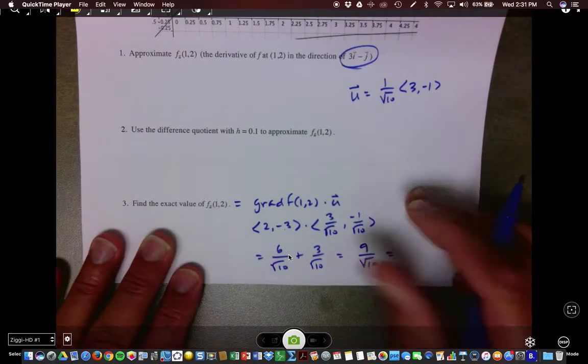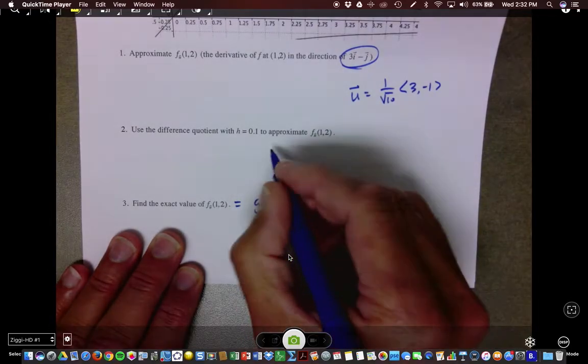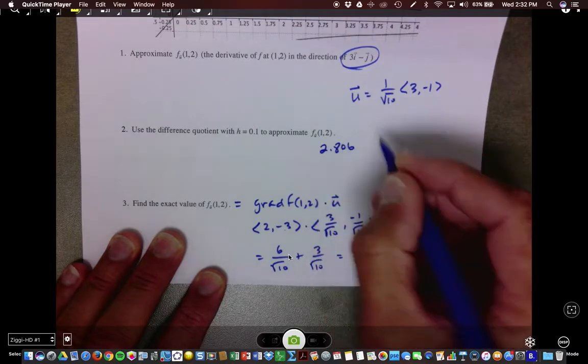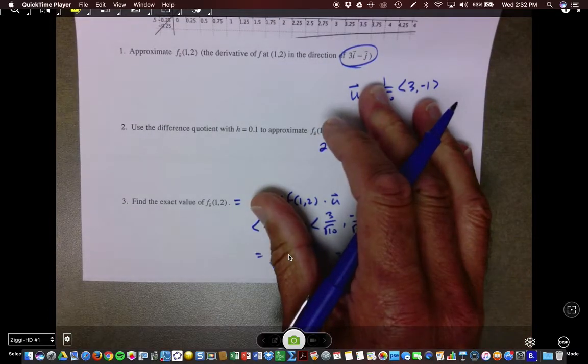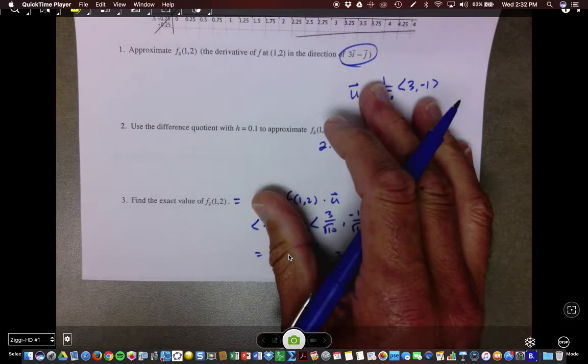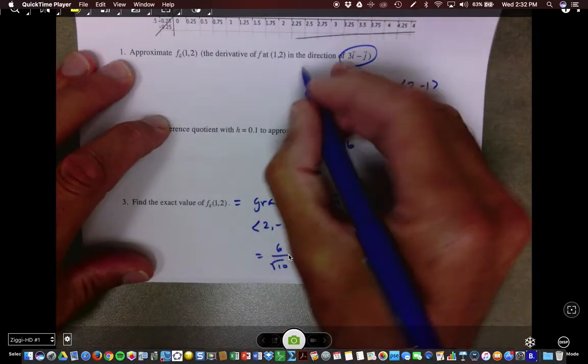Right, and then if we want to check that and compare it to the other two approximations that we got, the approximation up here was 2.806, and the first approximation that we got was 2.53.